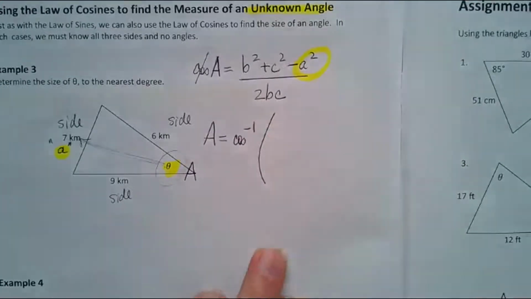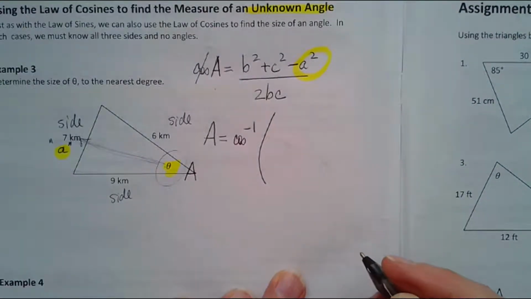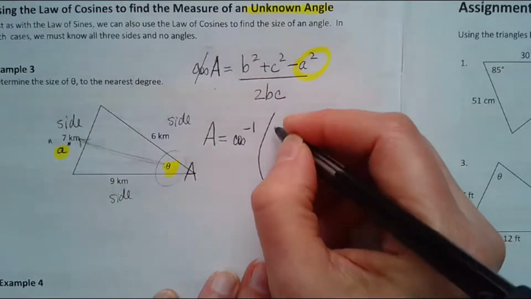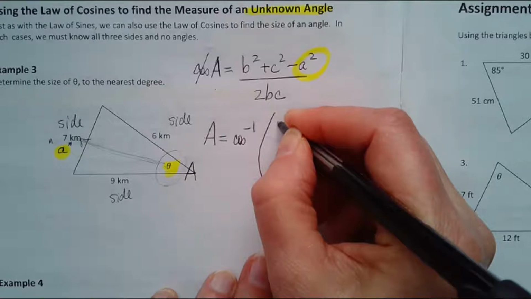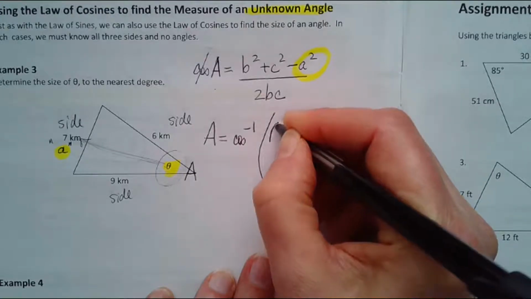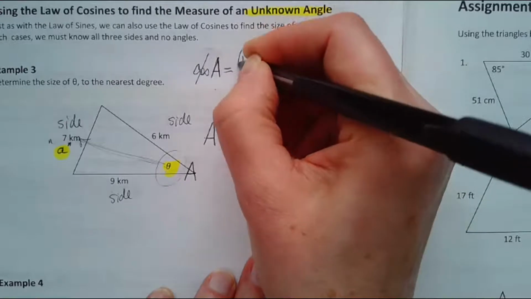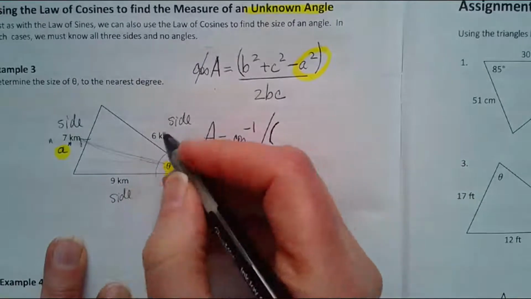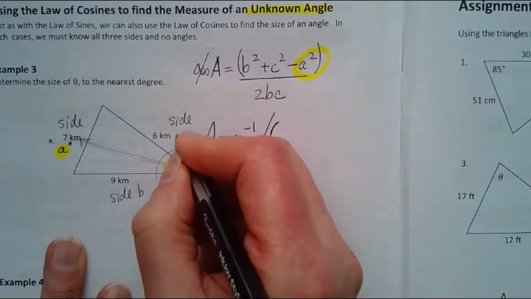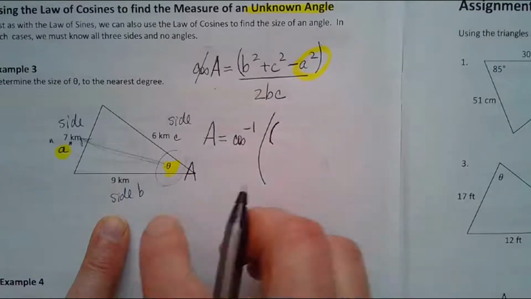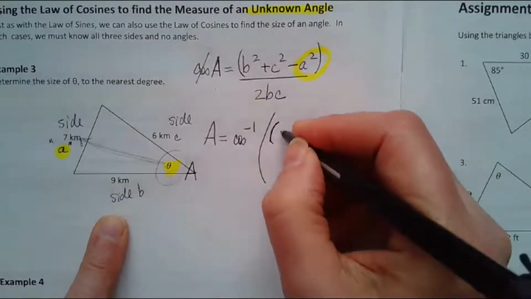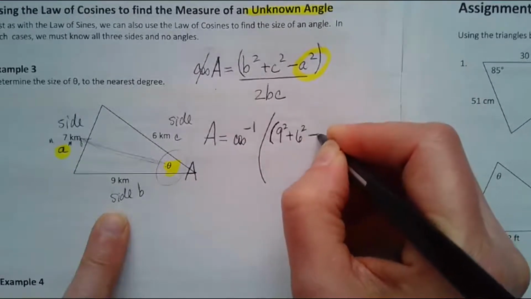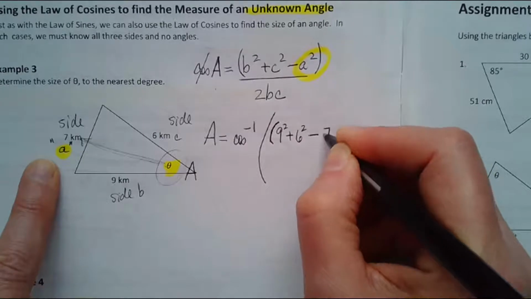And now you're going to have this big, long question. So pay attention. This is going to be tough. So I'm going to use brackets within brackets because I want to bracket this off too. It really doesn't matter who you call B, C, but I'll just label them here. So I've got 9 squared plus 6 squared minus 7 squared.